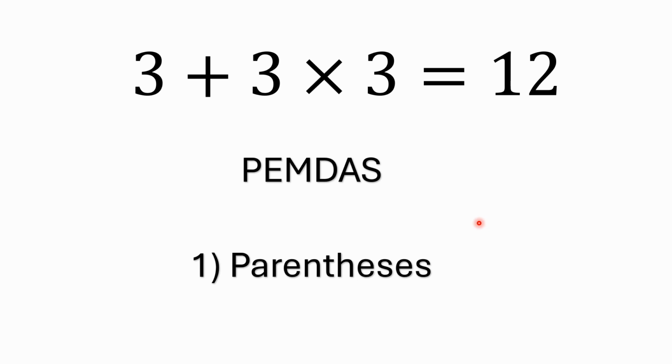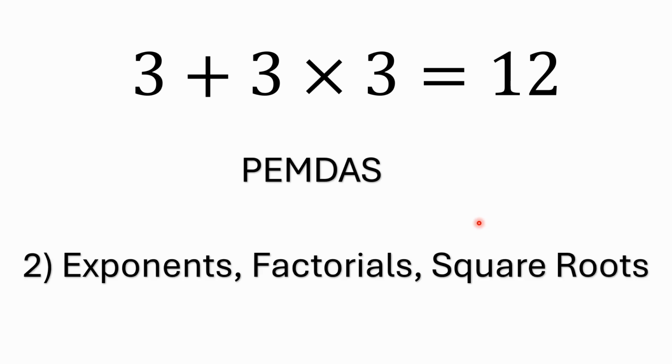And again, some people may have heard of things like PEMDAS. A lot of people get these acronyms confused. PEMDAS is just parentheses, and the E is really for exponents, but it can be exponents, factorials, and square roots. If you don't know what factorials and square roots are, I'm not going to really cover those here.